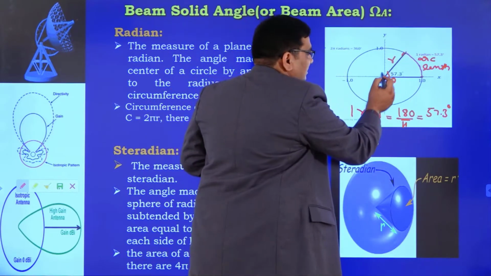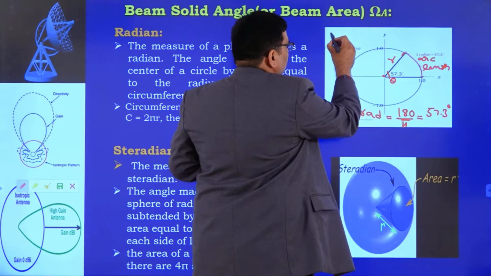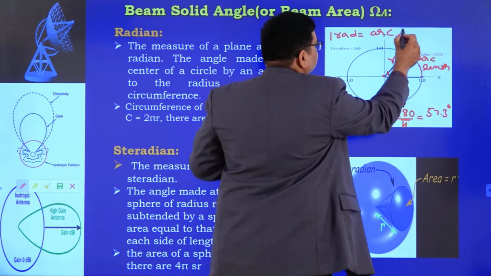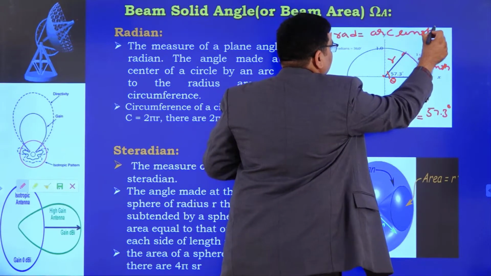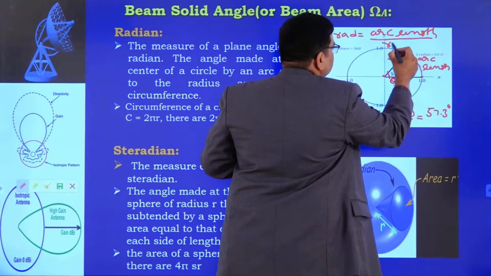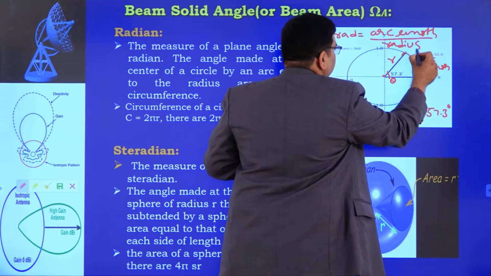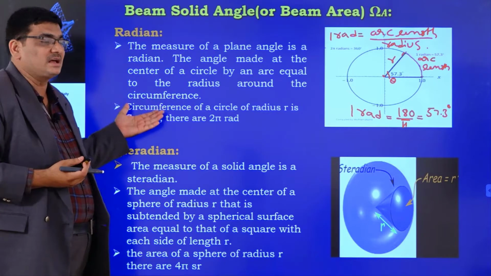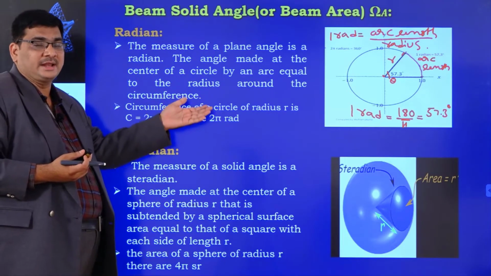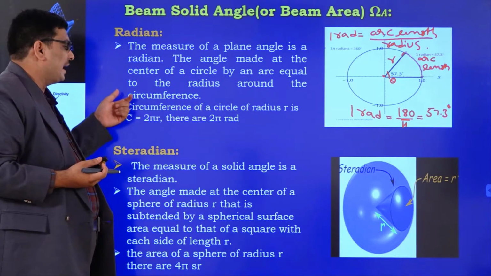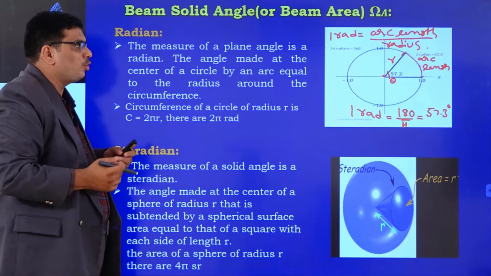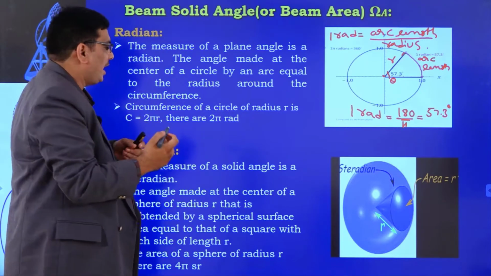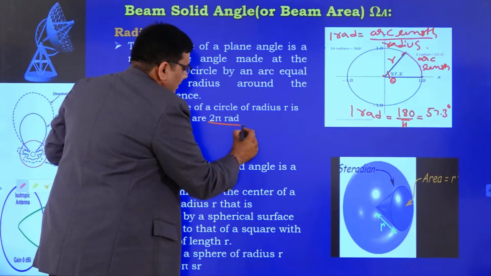So, 1 radian is equal to the arc length divided by the radius. We know that the circumference of a circle with radius r is 2 pi r. Therefore, to complete the entire circle, you require 2 pi radians.